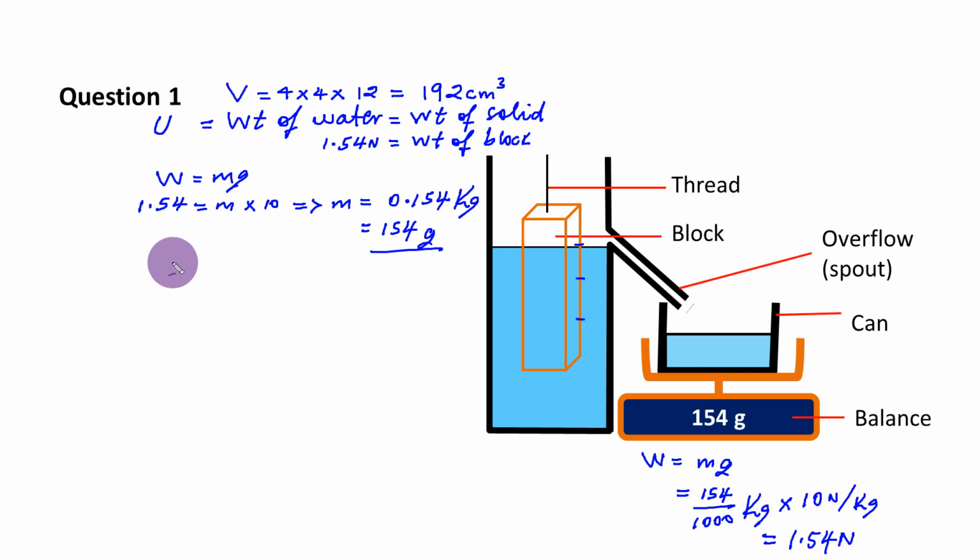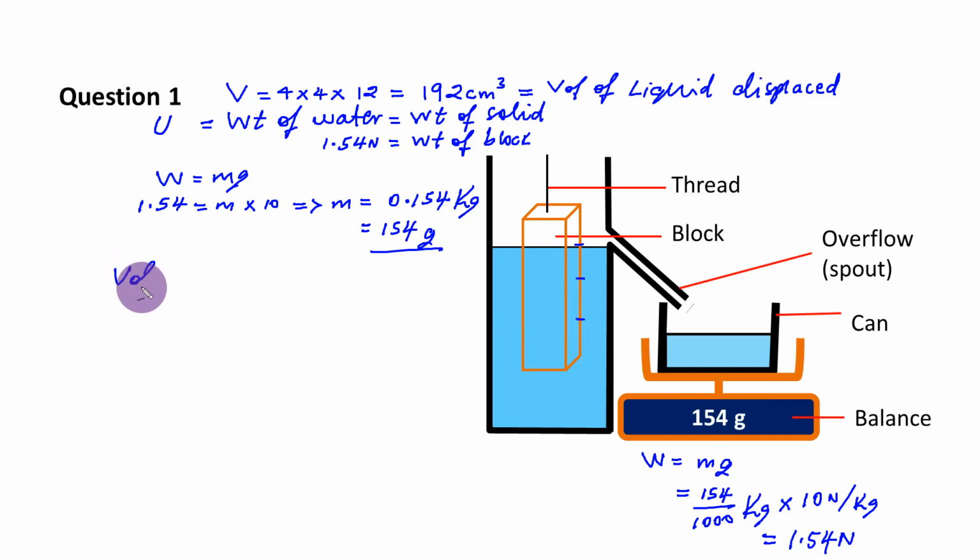What I want to get now is the volume of the object. Remember, this is volume of liquid displaced. This is equal to the volume of the liquid displaced. It is not equal to the volume of the block.